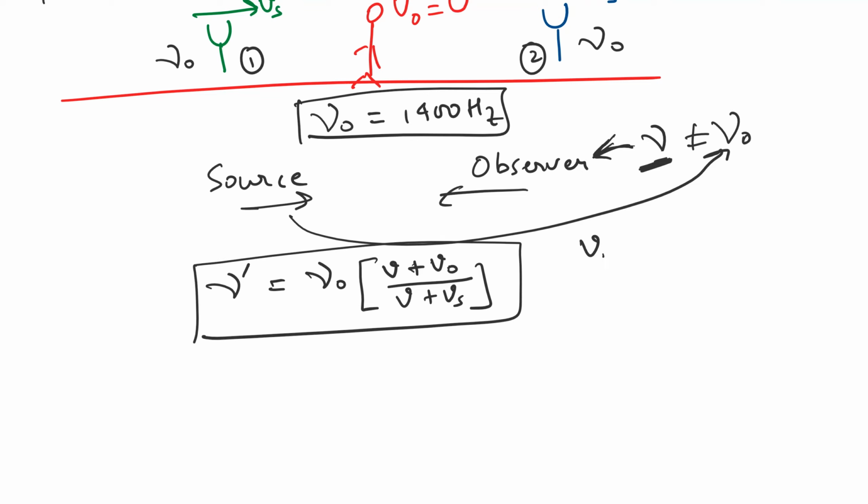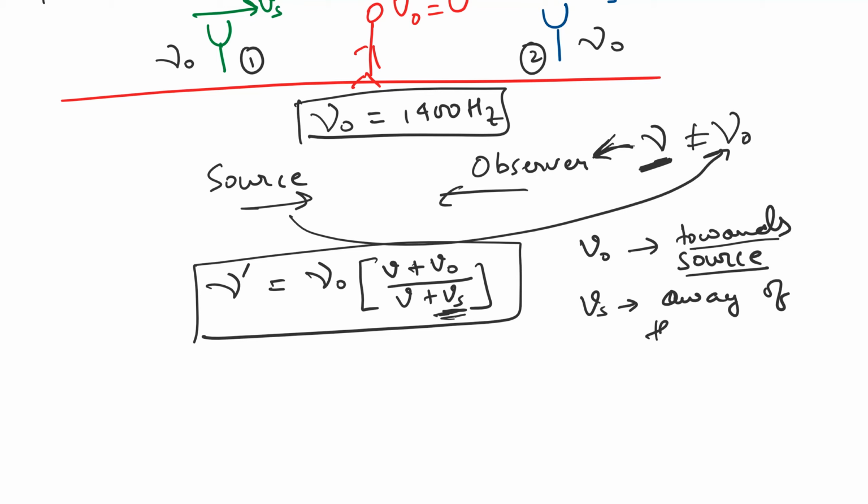Here v0 is positive when the observer is moving towards the source, with the plus sign in the numerator. In the denominator, Vs is positive when the source is moving away from the observer. When the source is moving towards the observer, Vs becomes negative. So this is the general formula.